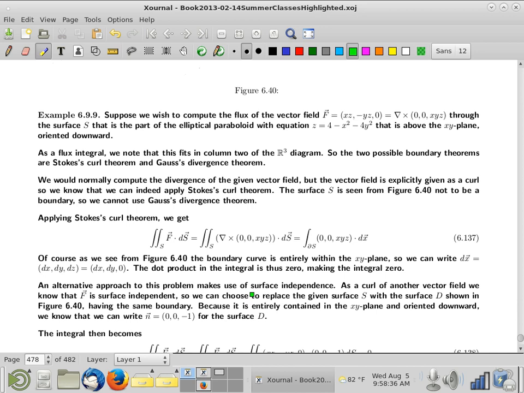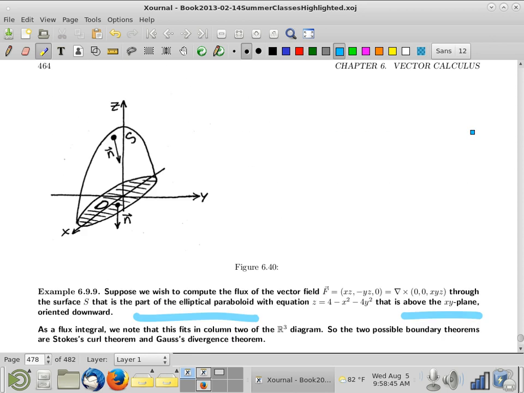Well, let's see here. My surface is part of an elliptical paraboloid, specifically the part that's above the xy plane. It's this picture here, and that surface is not a boundary. Critically, the surface that I'm talking about is just the paraboloid.